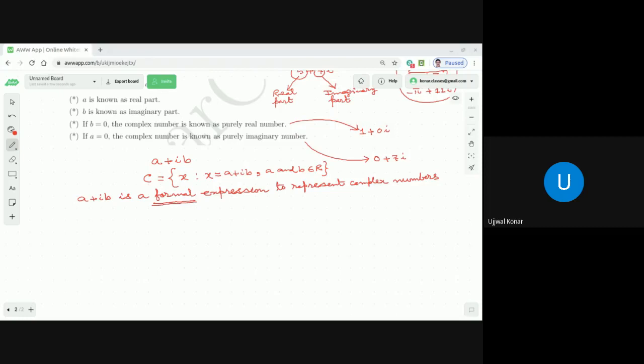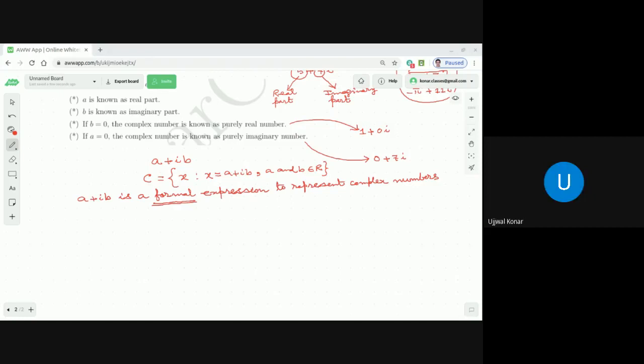To obtain such an expression, we take two real numbers a and b, and using the auxiliary symbols plus and i, construct the expression a plus ib. For instance, 4 plus 5i, 7 minus 9i, 2 plus 0i, 4 plus 0i, pi plus 11i are all complex numbers.